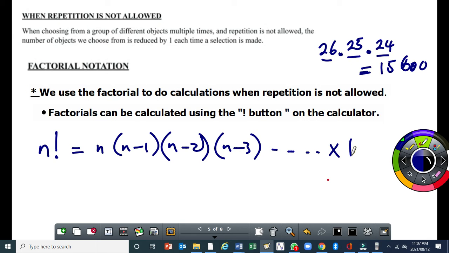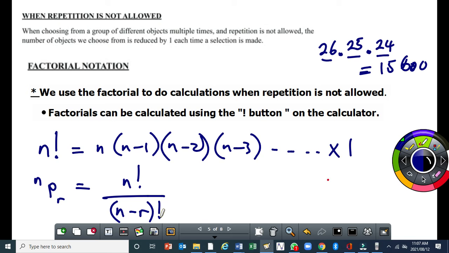Now, the button that I just showed you on the calculator, the nPr, it's n choose r, right? So you have the total n, and out of the n, you only want to choose a specific number, or a fraction, or a portion. So this one here, we can write it as n factorial divided by n minus r factorial. That's the formula for this now.